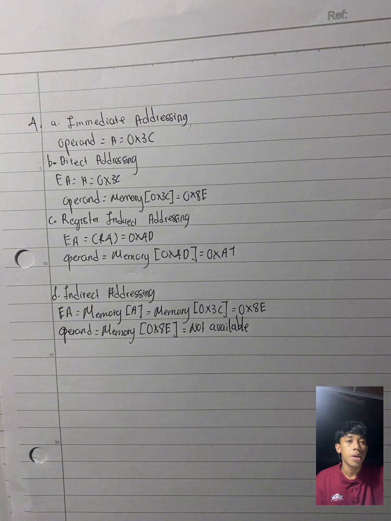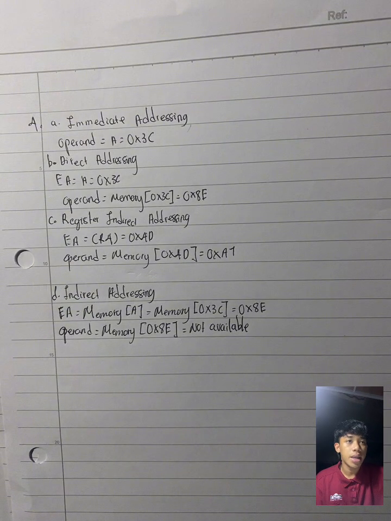So based on topic 10 that we already went through, for part A, immediate addressing. In immediate addressing, the operand is the value in the address field itself. So no memory access is needed. So the operand equals 3C directly from the instruction.